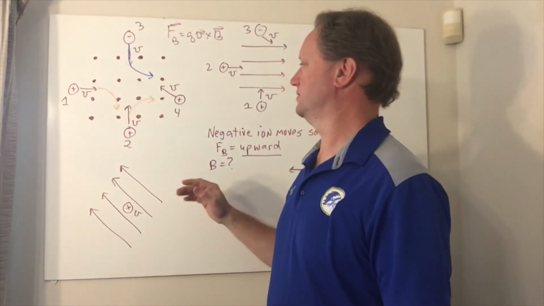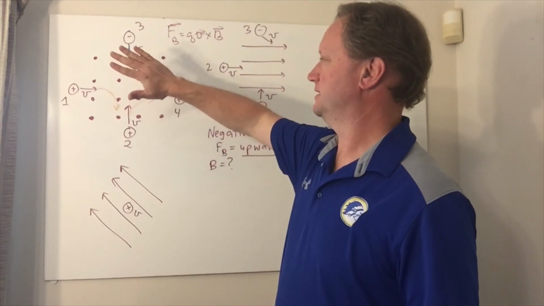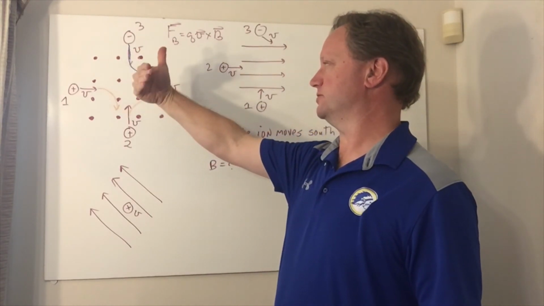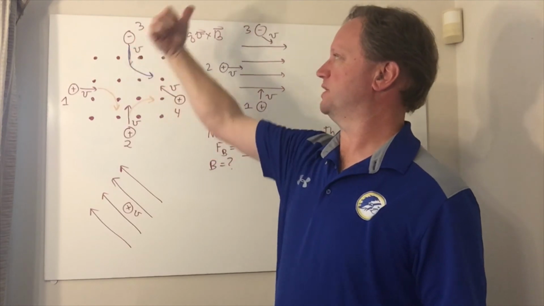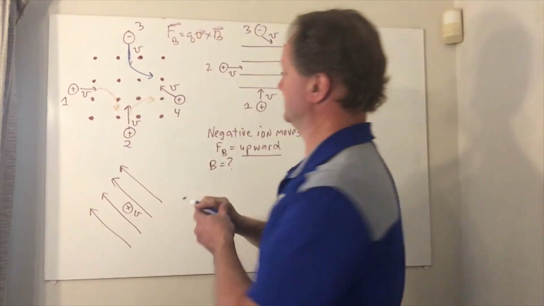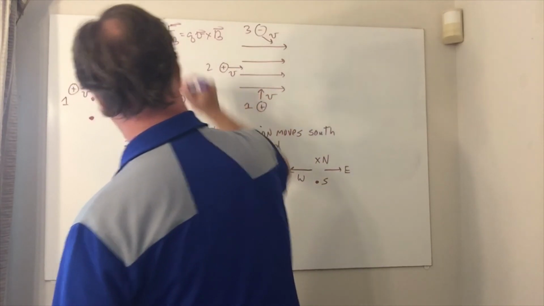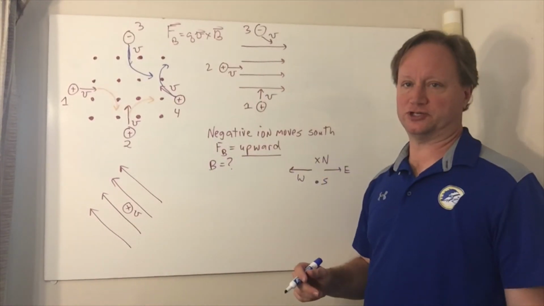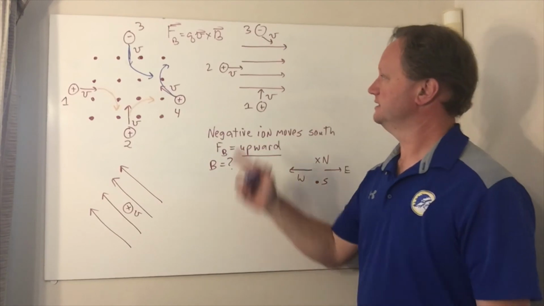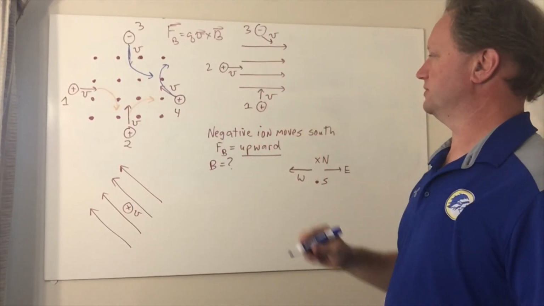Particle number 4, here's V. Rotate so I can wrap my fingers in the direction of B, and so my force is going to be up this way, and so this particle is going to curve around in that direction, okay? Over here, I have 3 different particles.